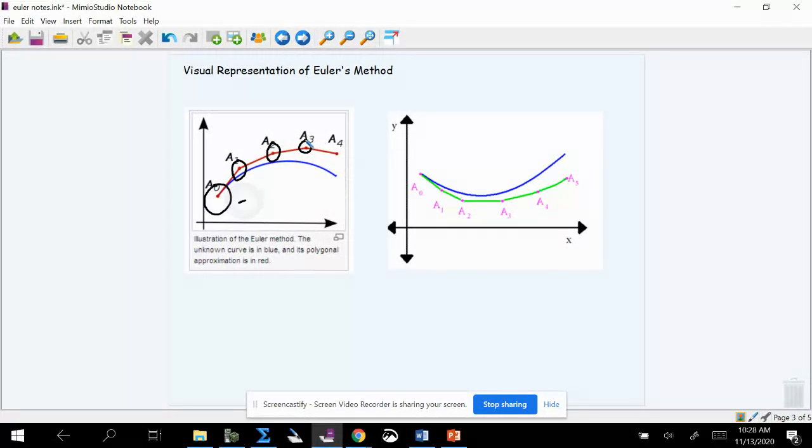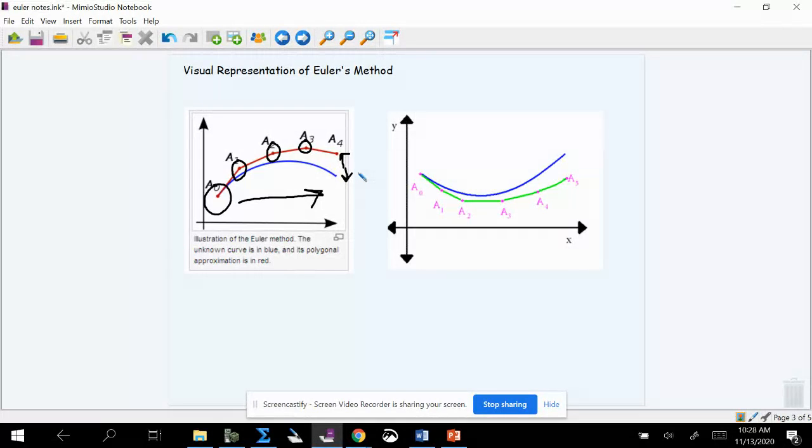And notice as I go away from the initial point, there's more distance between my actual and my approximation. So the concavity piece: because this graph is concave down, as I draw this approximation, they call it a polygonal approximation because it's made up of these small pieces, it would actually be above the actual function.